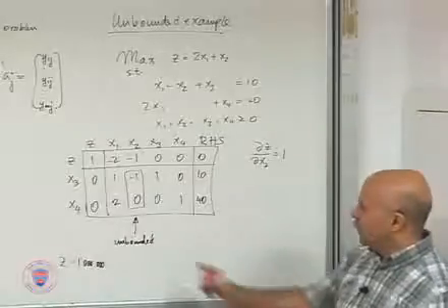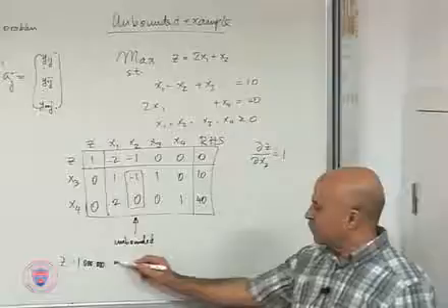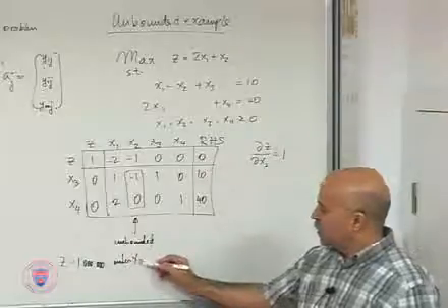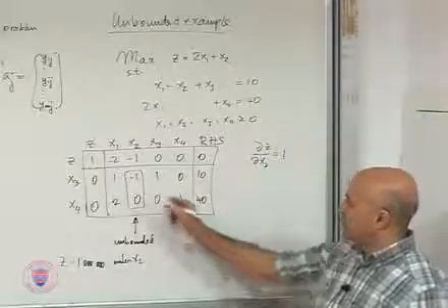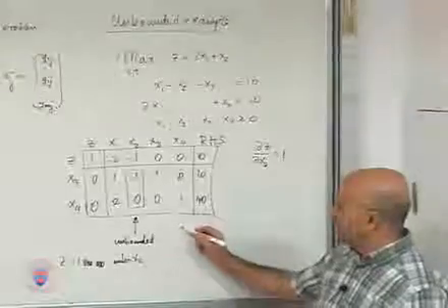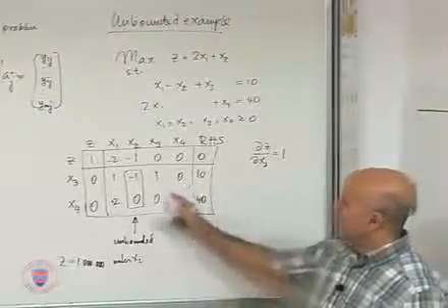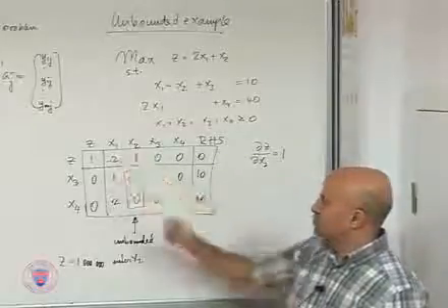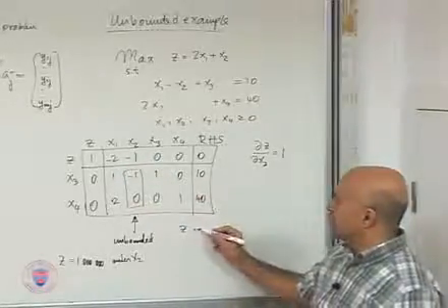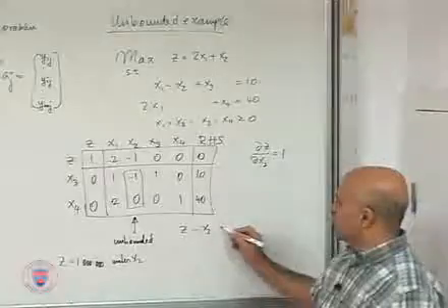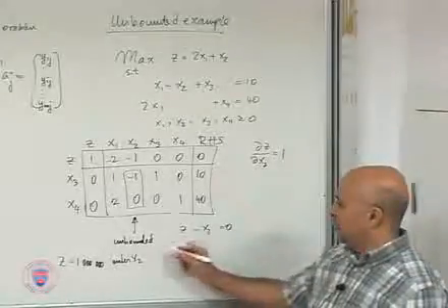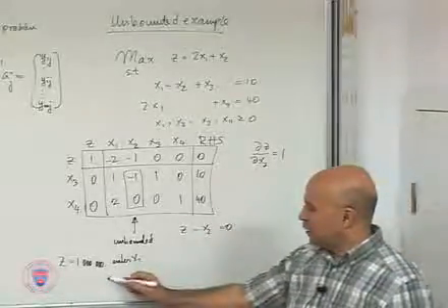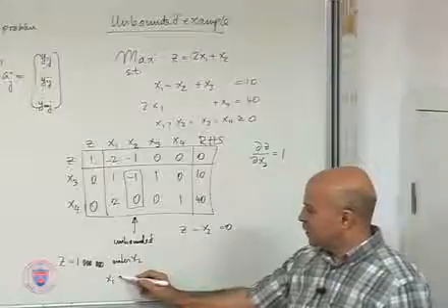To do that, I'm going to enter x2. And the objective function tells me that x1 is still kept 0, okay? z minus x2 is equal to 0 when x1 is 0. x1 is still non-basic.